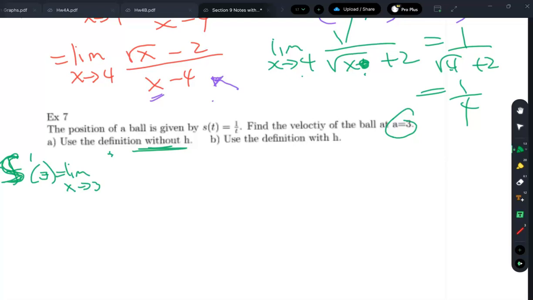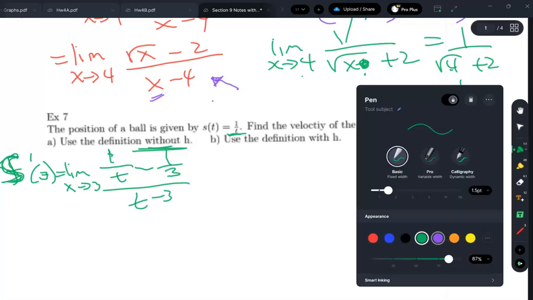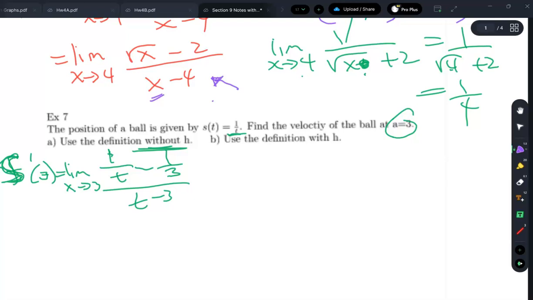So it's going to give me that putting this in, 1 over t subtract 1 over 3 all over t minus 3. So now what? Oh yeah, we've had this kind of problem before. Well, we're going to multiply by the least common denominator, right? And we're going to cancel as we go in the numerator.